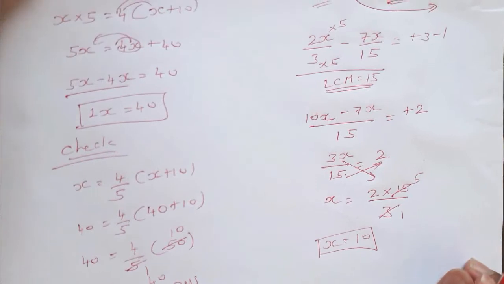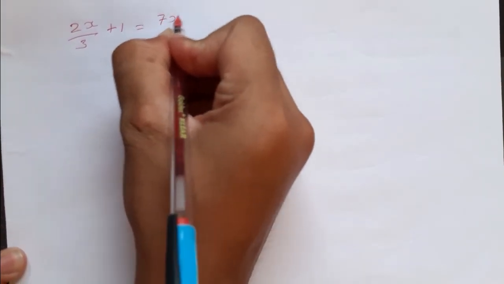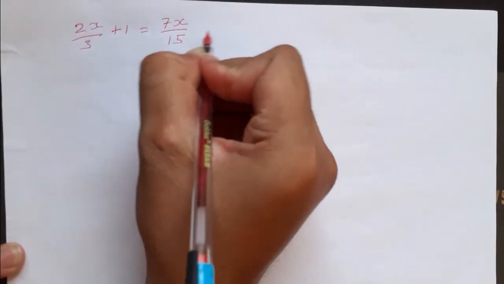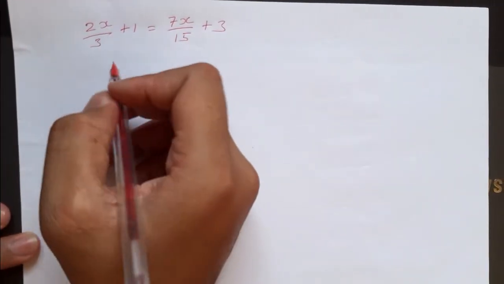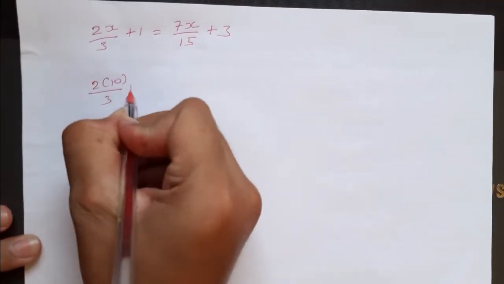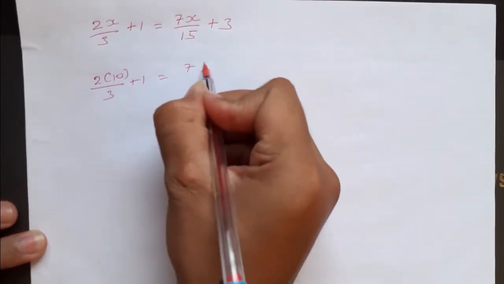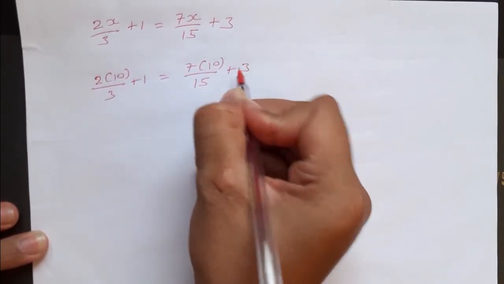Now we are going to check. So 2x upon 3 plus 1 equals 7x upon 15 plus 3. Now in place of x we are going to write 10. So 2 bracket 10 upon 3 plus 1 equals 7 bracket 10 upon 15 plus 3.